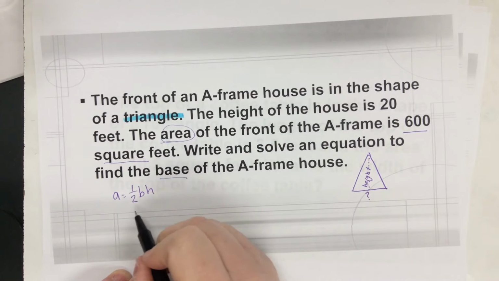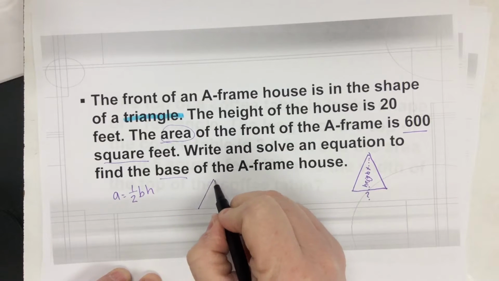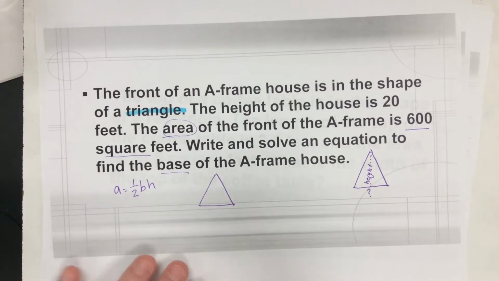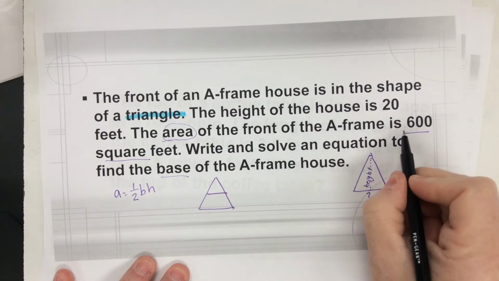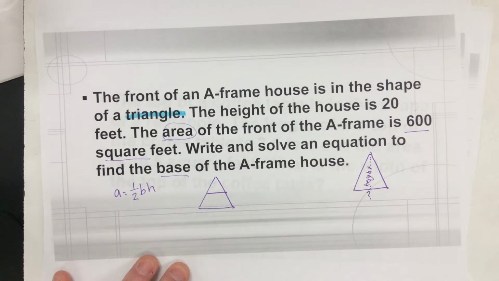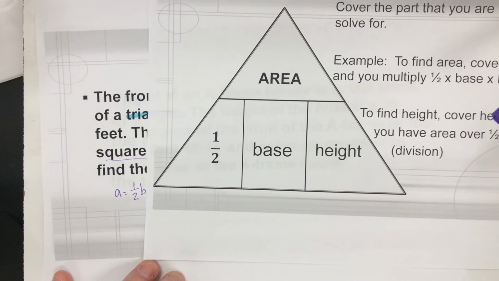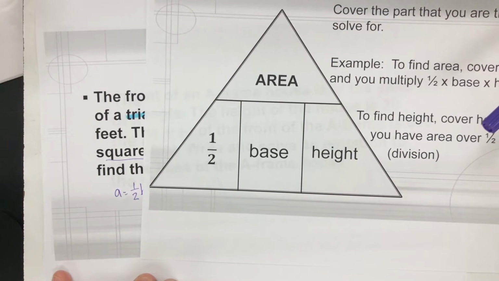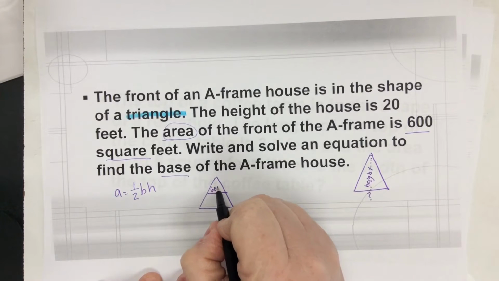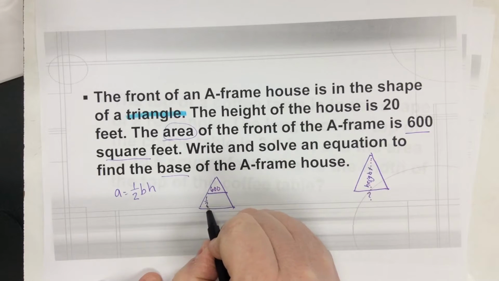Now, I know parts of that, but remember, just like I showed you a second ago, let's do this, okay? And my area is 600, so this is the one that looks like this. So if you want to write that down, you can. So my area is 600 over 1/2.